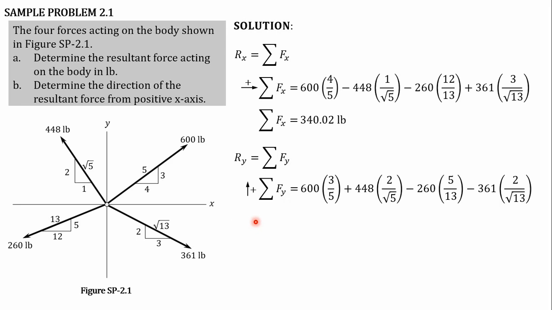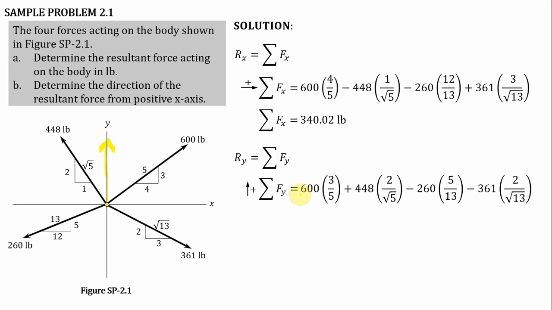So, unahin natin, explain ko, isa-isahin ko to. Okay, so ito yung first one natin. Since the 600 pound force is going up to the right, the vertical component should also be going upward. Okay? So that's why it's positive. Positive yung 600 pounds natin.